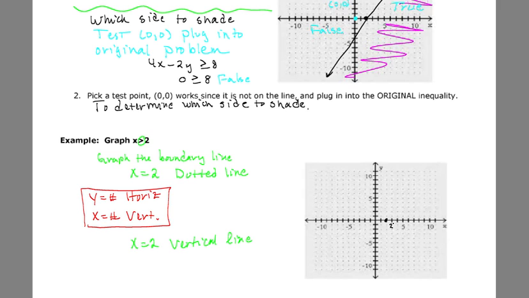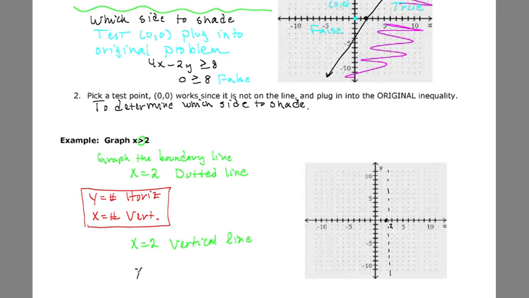So there's 2. I'll graph a vertical line, but remember it's a dotted line. So make sure when you mark your line, you mark it as a dotted or a dashed line. There's the boundary line. Don't need to find any extra points. And now we'll just rely on our basic information on how inequalities work. I now need to figure out which side to shade.